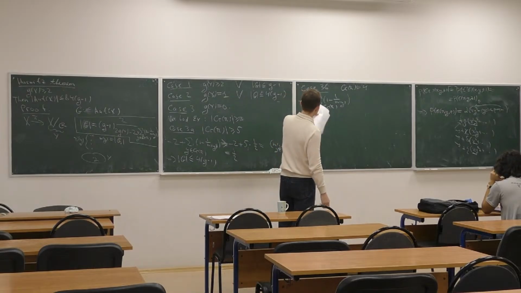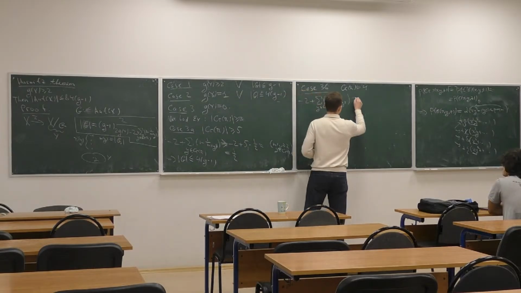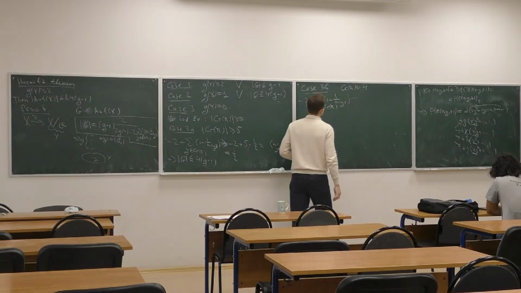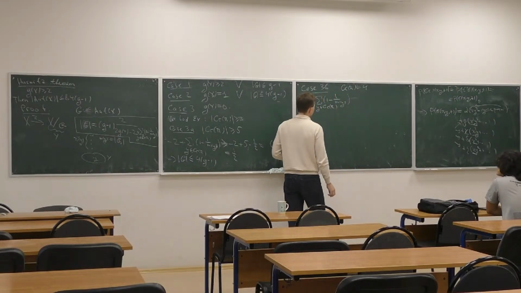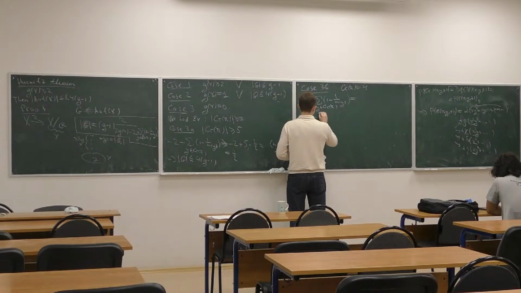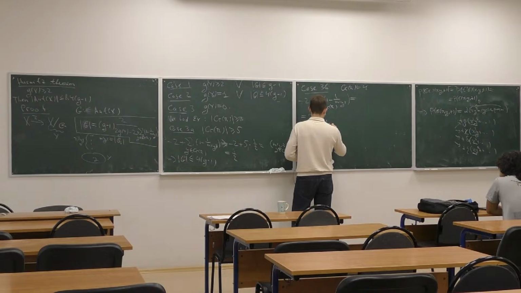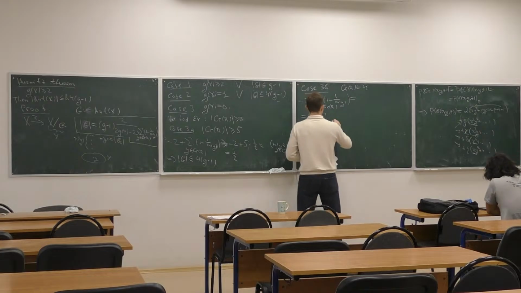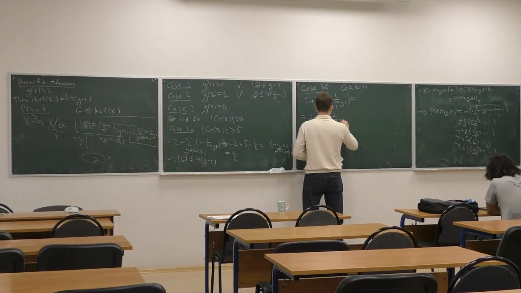So here you have exactly 4 summands. So you can write that this is equal to 2 minus the sum over the critical points of 1 over m of y.